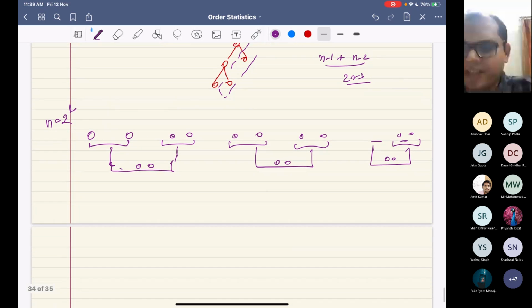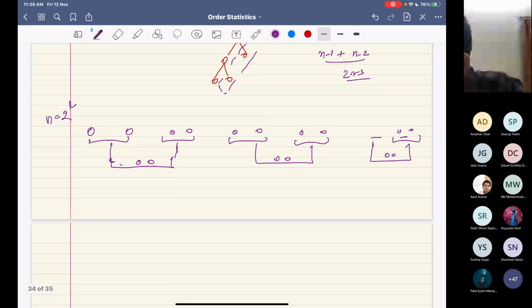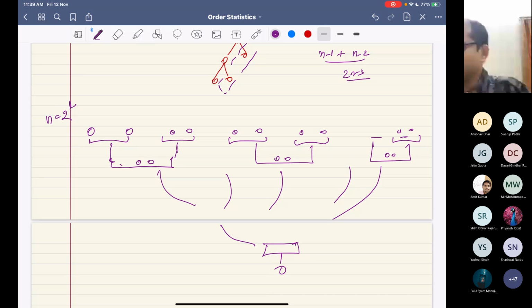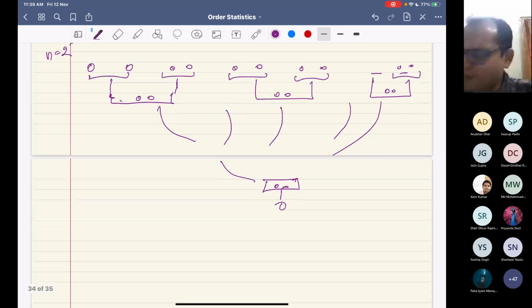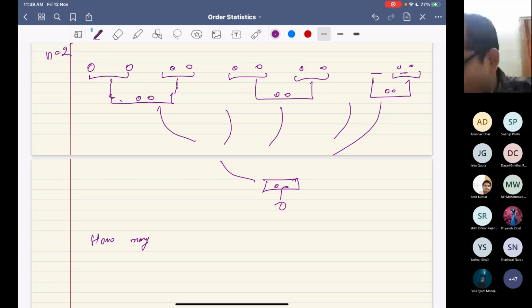Keep on playing, right? Again, you find the winners. So you see, you actually get a tree structure. Finally, you have 2 games and 1 winner. So in this case, how many games did the winner play?